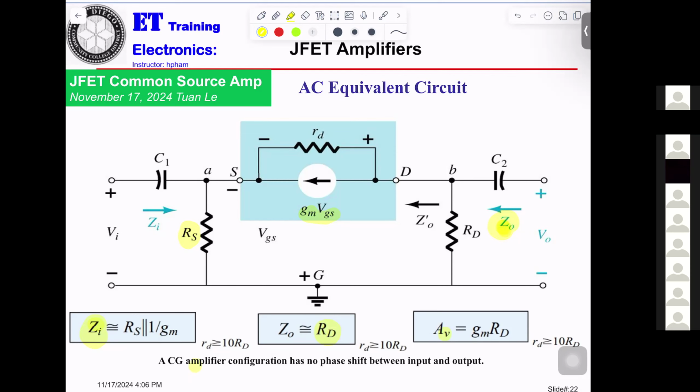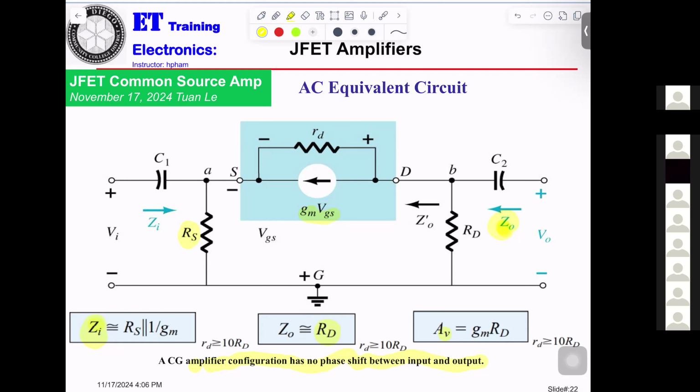Common gate amplifier has no phase shift between input and output. Let's take the same thing in bipolar transistors. In bipolar, only common emitter has input and output out of phase.